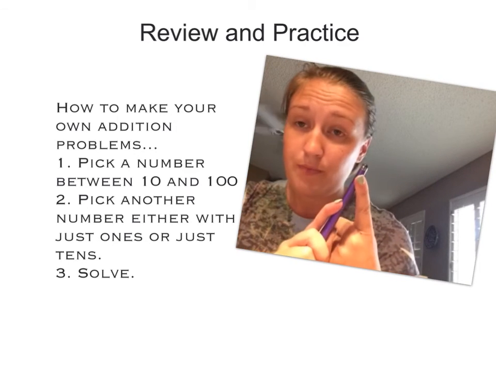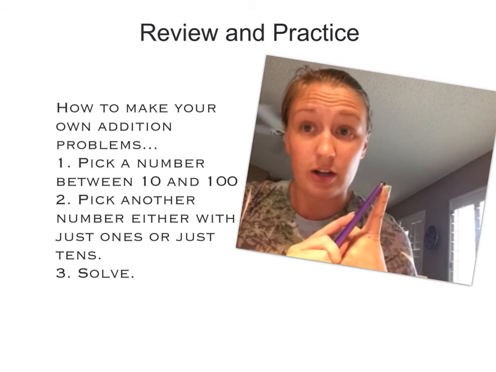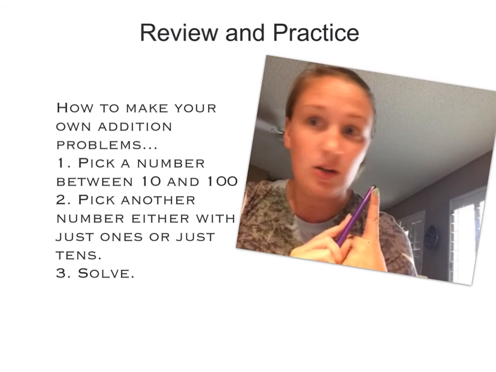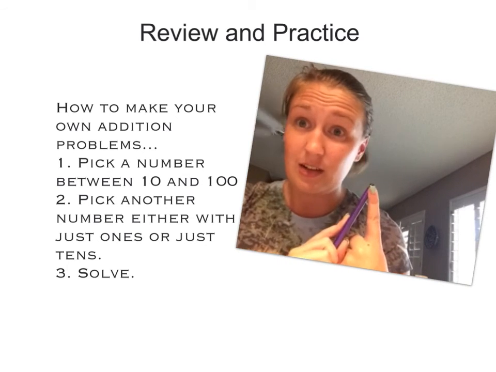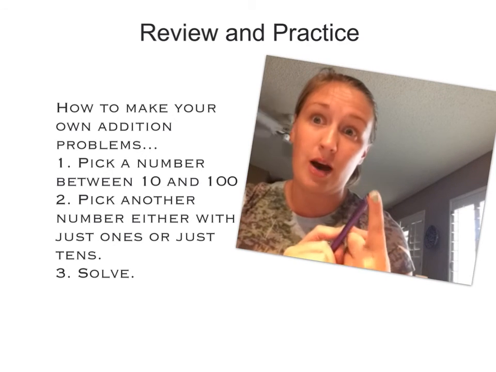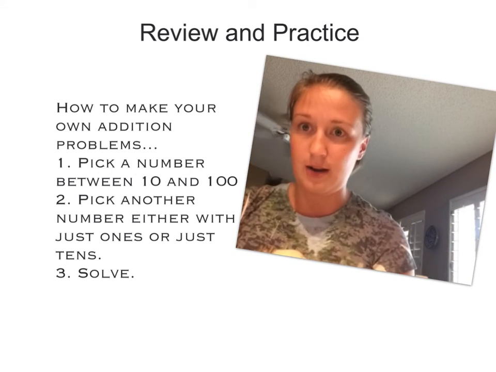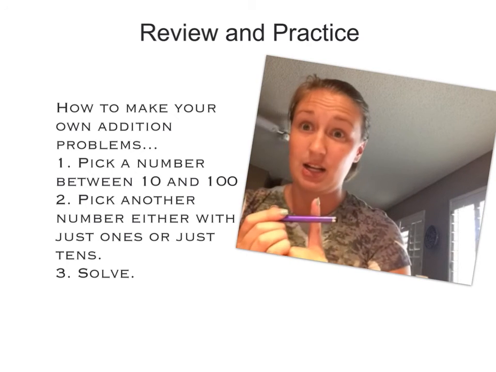Check and make sure with a number bond that you will either be hitting the target of 10 or not. Because if you don't need to make a new 10, don't make a new 10. Sometimes you don't need it. And you need to be paying close attention to the number in the problem to tell if you need to make a new 10 or not. So pay close attention to those number bonds to 10.